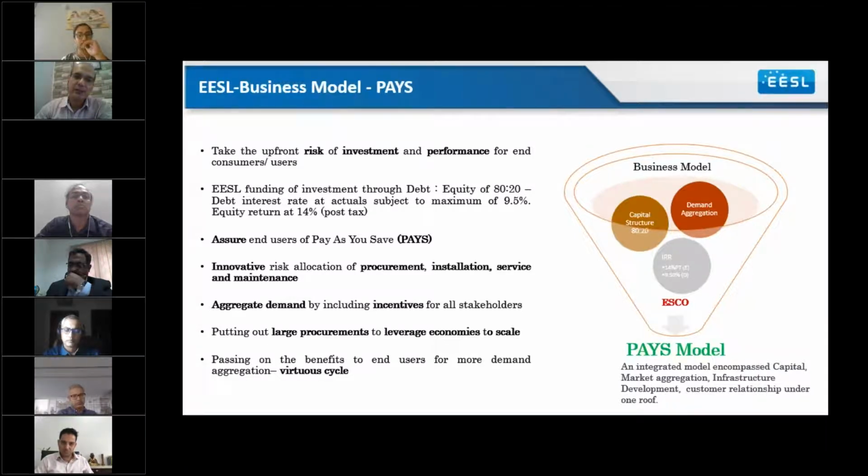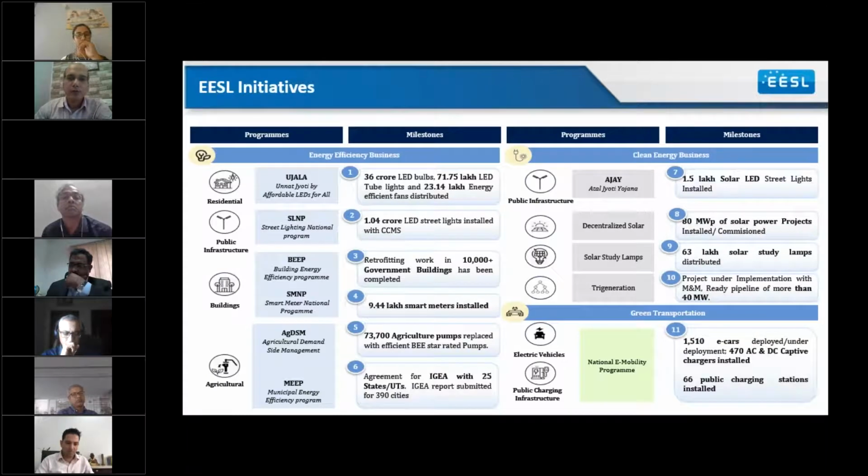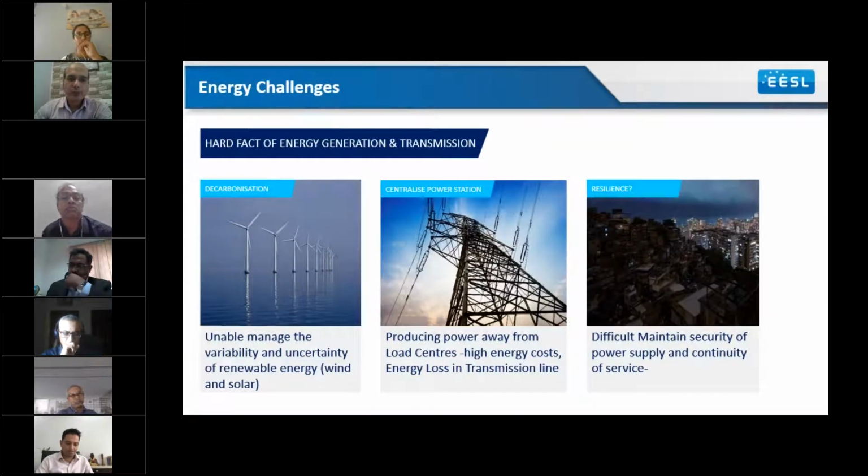EESL invests in the tri-generation projects, and the payout will be after the commissioning of the project, as a part of the savings. So right from the first day, you will have a part of the savings, and a part of the savings will be paid for the investment.